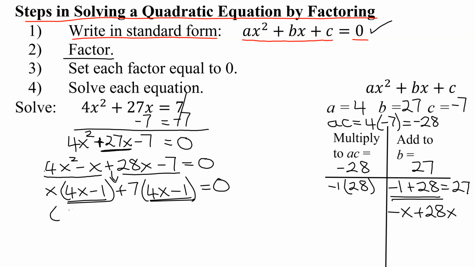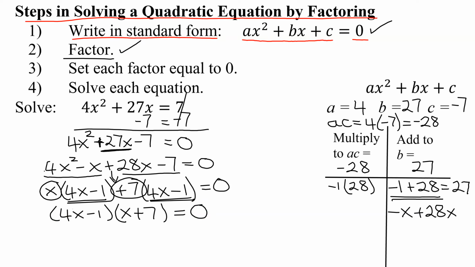Yes. So that is my common binomial factor that I factor in front. So I have 4x minus 1 is my common binomial factor. And what does it leave to put in the second parentheses? X plus 7.